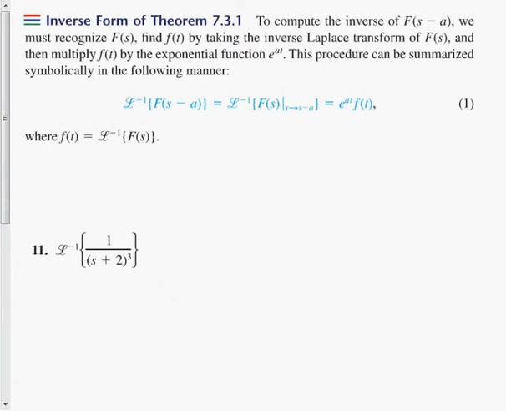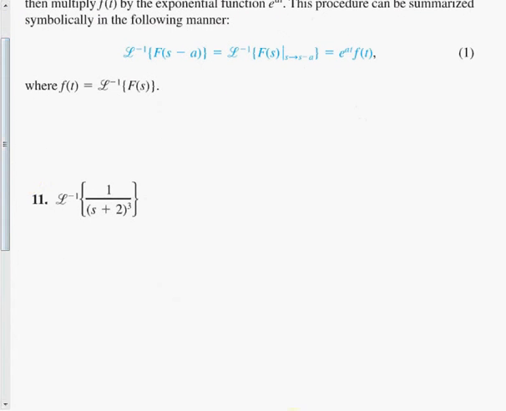So take the inverse of the first translation theorem. This capital F of s minus a is the result that you would get from the first translation theorem. Take the inverse of that, and that's simply e to the at times f of t. I'm going to break that down into two parts to show you.